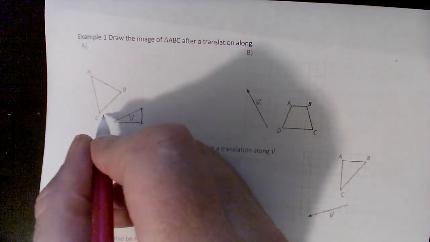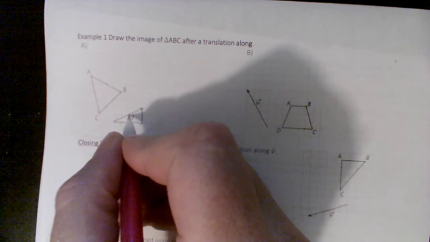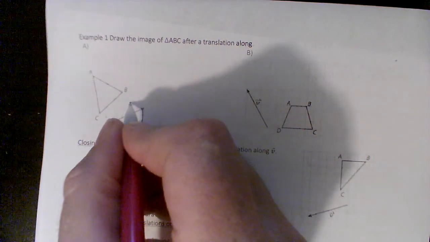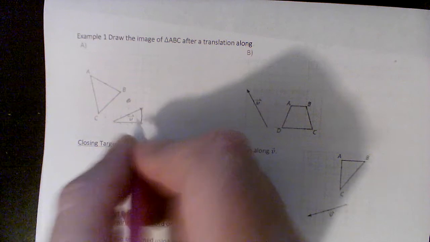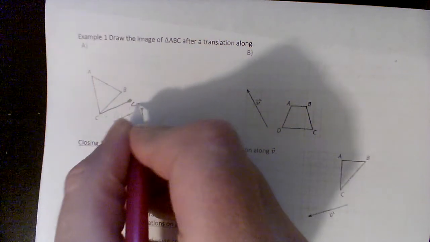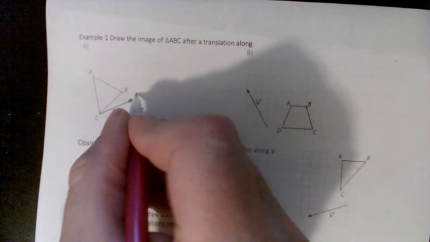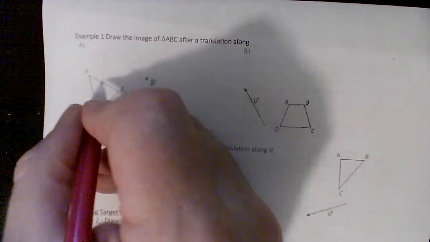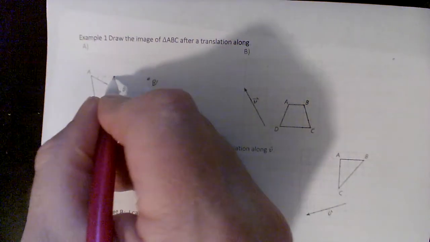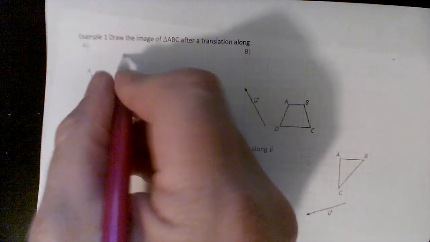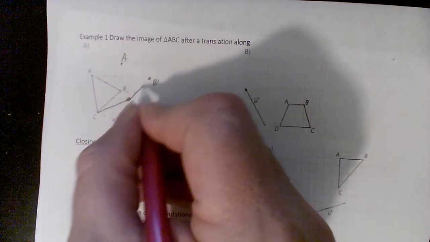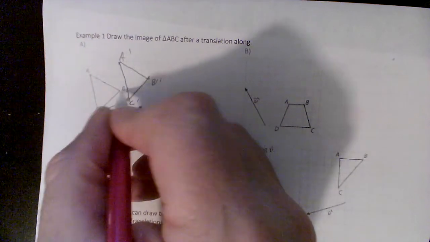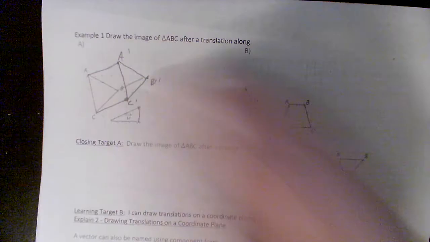So I go 1, 2, 3, 4 right, up 1, 2, I believe. Which would bring my C prime here. 1, 2, 3, 4 up 2 would be my B prime here, and 1, 2, 3, 4 up 2. My A prime would go there, and let's put primes on all these. That would be my translation.